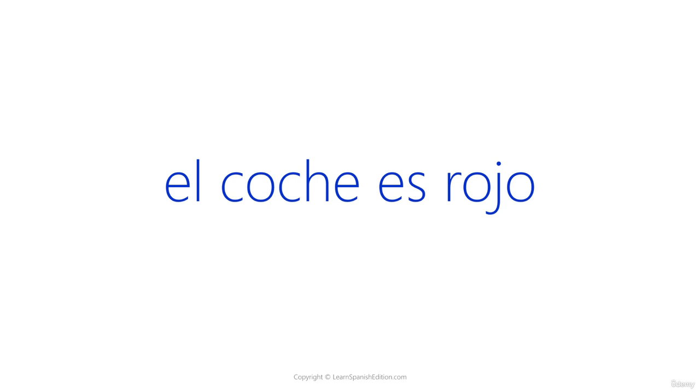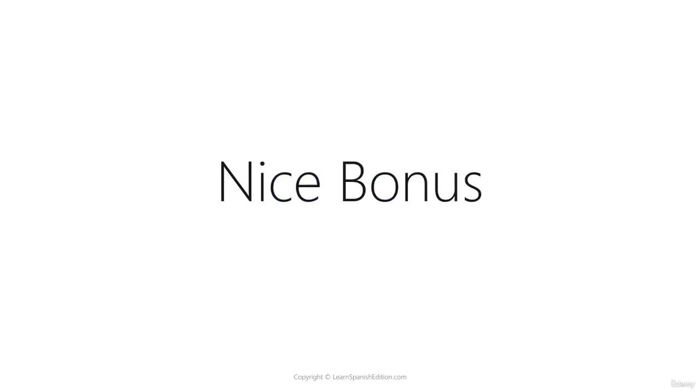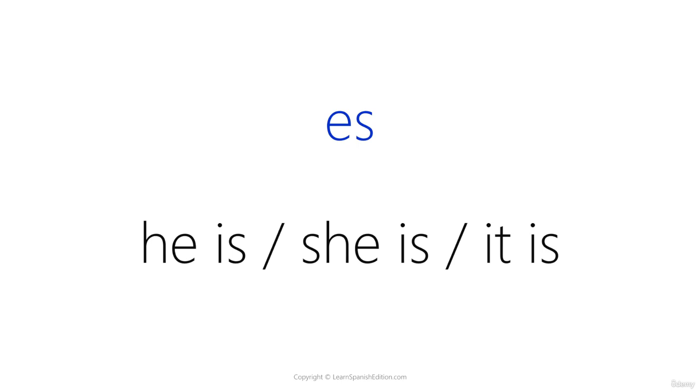El coche es rojo. Now, here's a nice bonus. We know that es can stand for he is, she is, and it is. Well, the same goes for está. This can be used for the angle of he is, she is, and it is. So we have a lot of power in these two sounds.